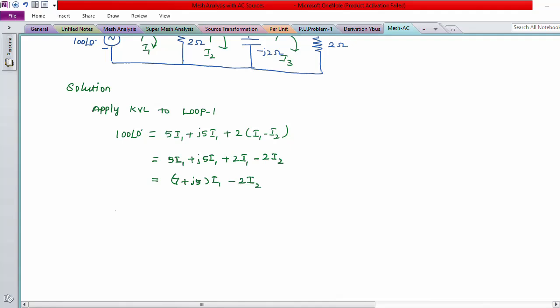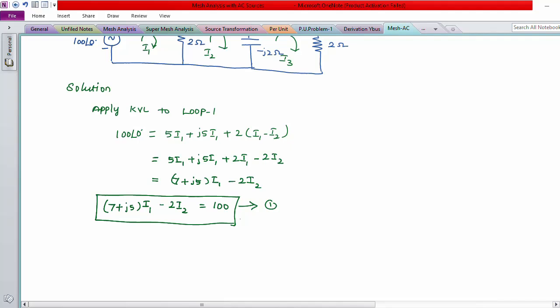So we can rewrite this equation as (7 plus J5) I1 minus 2I2 equal to 100. So 100 at an angle 0 is nothing but 100 plus J0, so simply we can write it as 100. Take this as equation number 1.